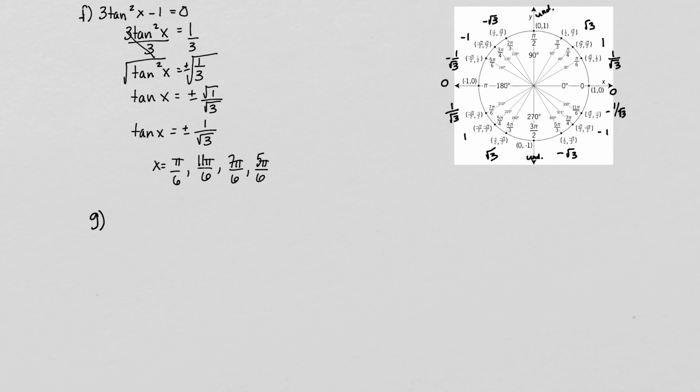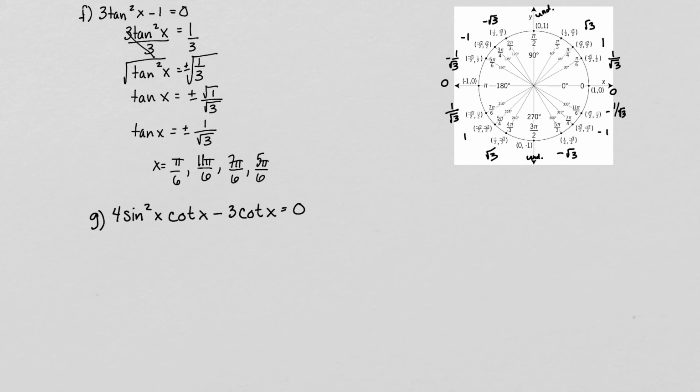So G is going to be 4 sine squared x cotangent x minus 3 cotangent x equals 0. Okay, so this one looks a little uglier, right? So again, just like if you had just x values, sometimes you have to factor first when you're going to solve an equation equal to 0.